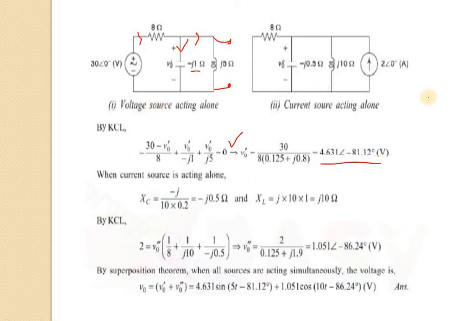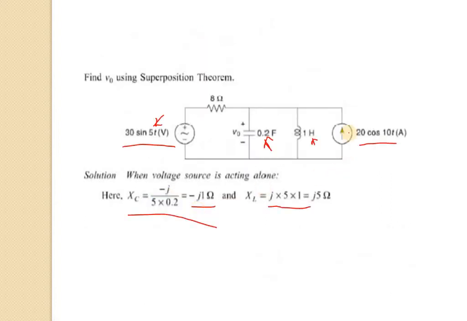Okay. Now when the current source is acting alone, definitely the voltage source will be deactivated and the path will be shorted here. And now we will put the value of Xc. So here Xc will be 1 by omega C, that is definitely minus j into 1 divided by omega C. Here omega is 10, because this current source is acting.